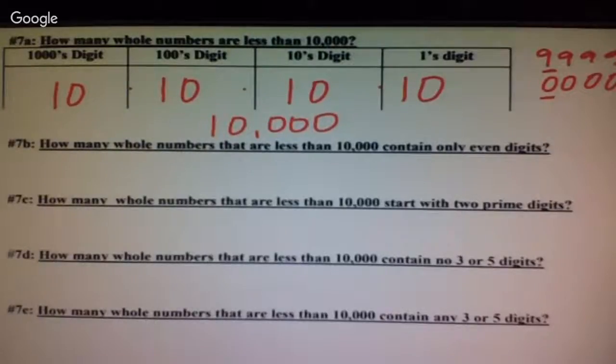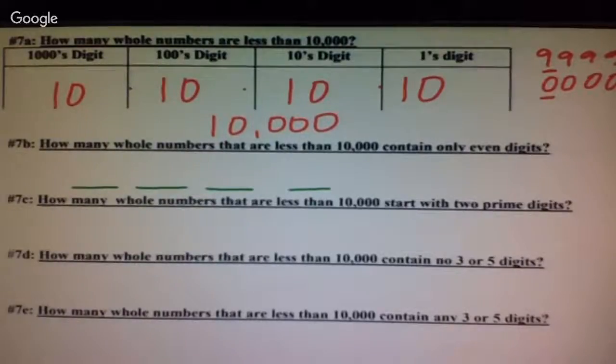7B, still the same thing. It's going to be a 4-digit number because it has to be less than 10,000. But now I've put this restriction. I can only use whole numbers that are less than 10,000, that are even.